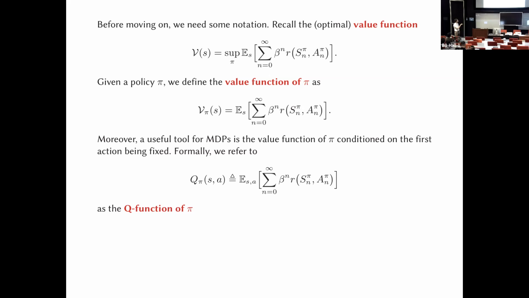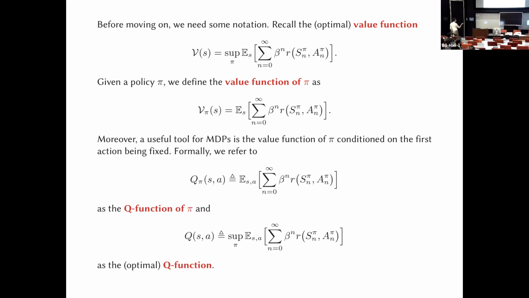So you are conditioning on starting in state S and using as first action A. And afterwards, you follow your policy pi. Then you try to evaluate, well, how good was it to choose A instead of whatever pi told me to do.